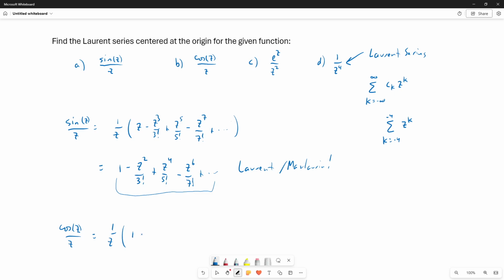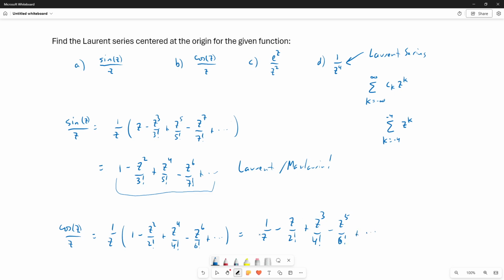The cosine series is 1 minus z squared over 2 factorial plus z to the 4th over 4 factorial minus z to the 6 over 6 factorial plus, etc. Multiplying by 1 over z, we get 1 over z times minus z over 2 factorial plus z cubed over 4 factorial minus z to the 5th over 6 factorial, etc.